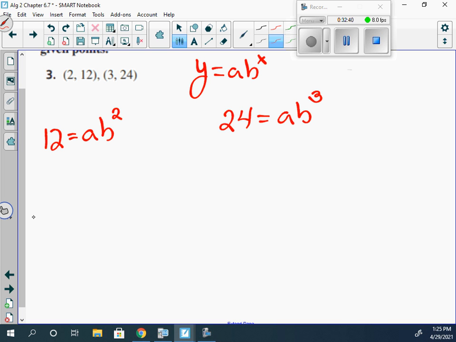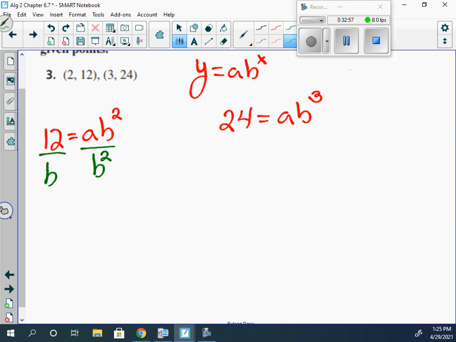The process for this really isn't going to change, even though we have 2 and 3 for x. So what can we do first? Solve for a. And I'll choose the one with b squared.